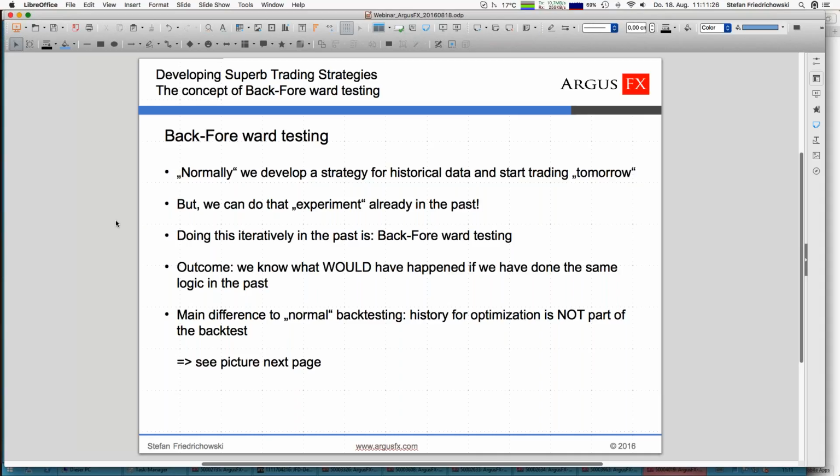I think if you look into the web or EA backtesting, whatever you find in the internet, everything, at least 99%, is done exactly that way. But we can do better than that, because we can do our developing and testing of our strategy already in the past.